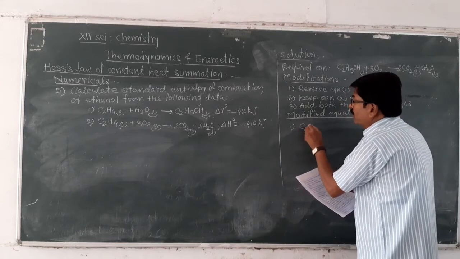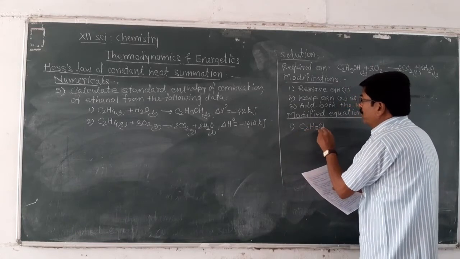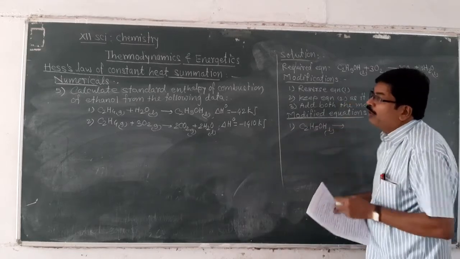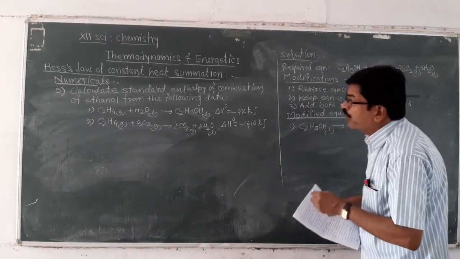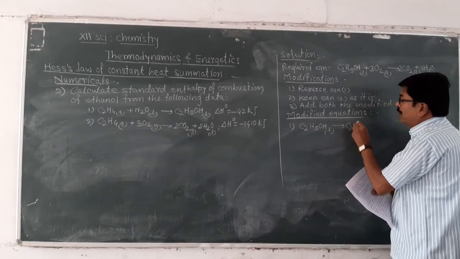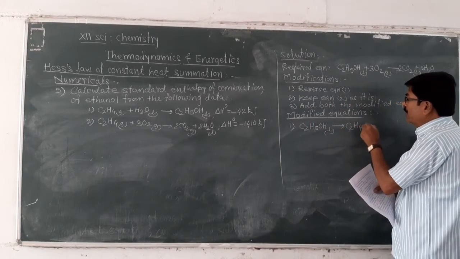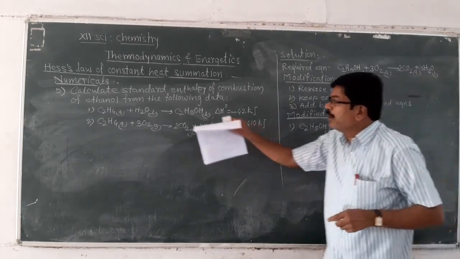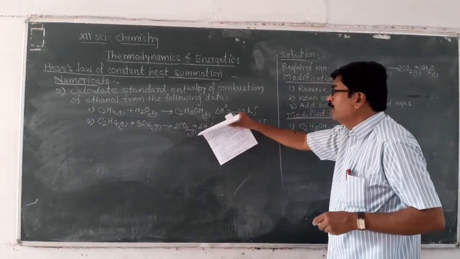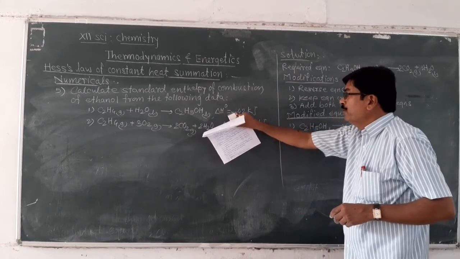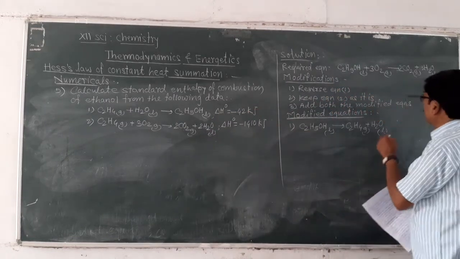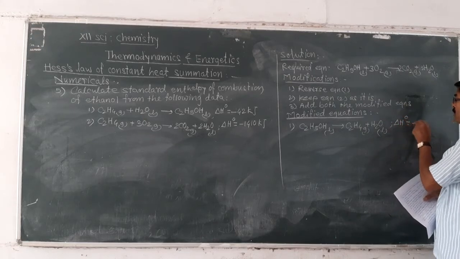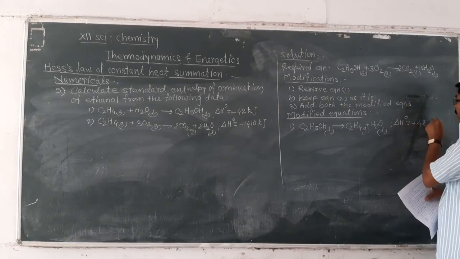It becomes C2H5OH liquid to give C2H4 gas plus H2O liquid. If the equation is reversed, the sign of the enthalpy is also reversed. From minus it becomes plus. Delta H naught becomes plus 42 kilojoule.